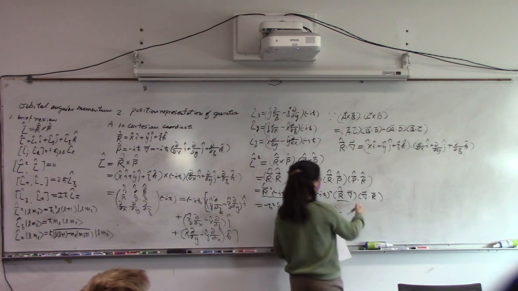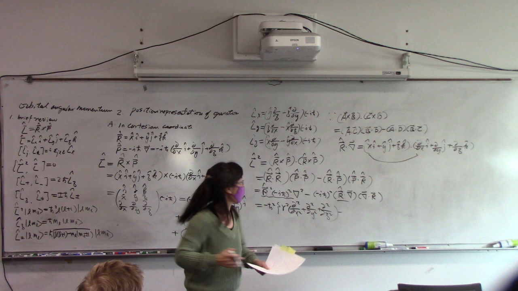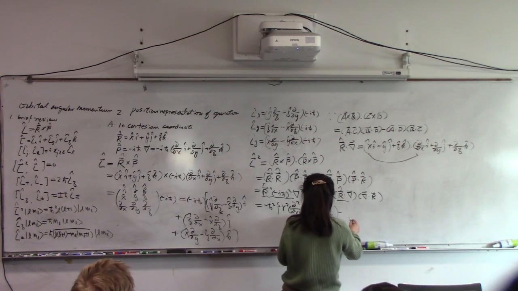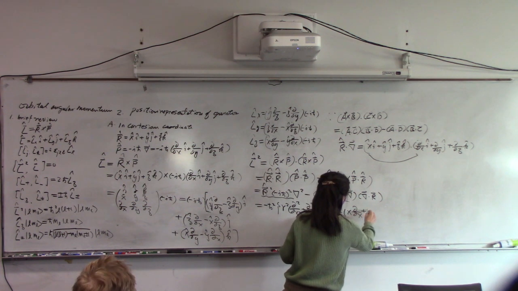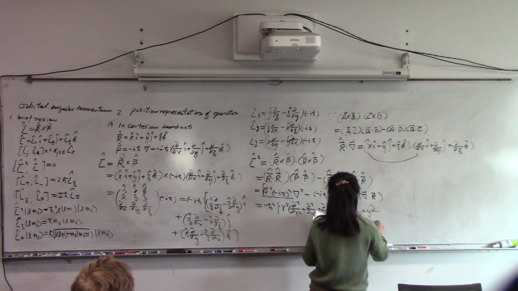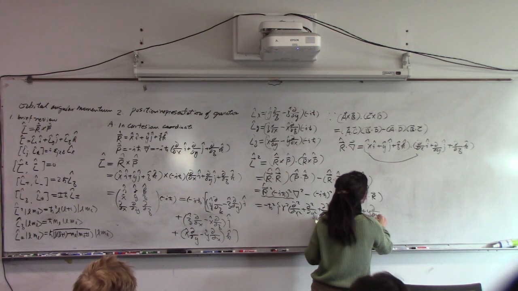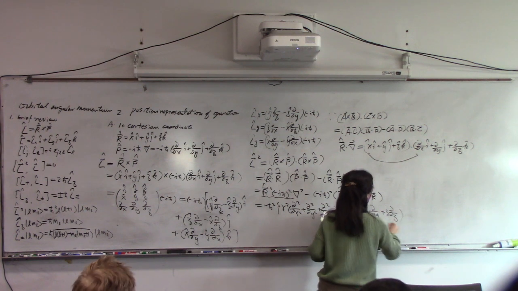So this one is simple, right? Because with the inner product only the same direction survives, so here I put x partial x plus y partial y and then z partial z.